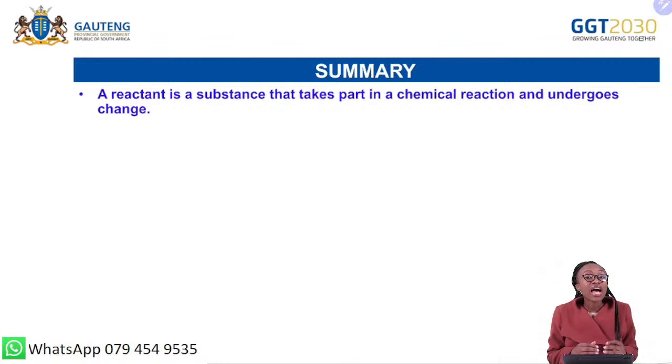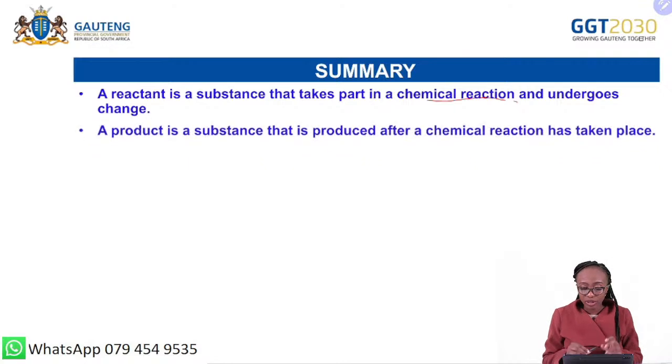What is happening to them? Remember, all matter is made up of particles, and we talk of these particles as atoms. So the bonds between the atoms in a reactant undergo change. They are broken. So a reactant will undergo change in a chemical reaction.